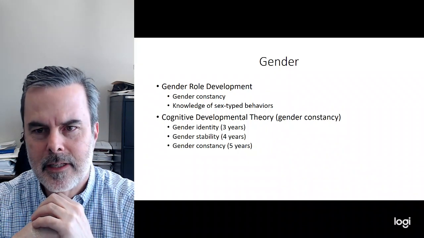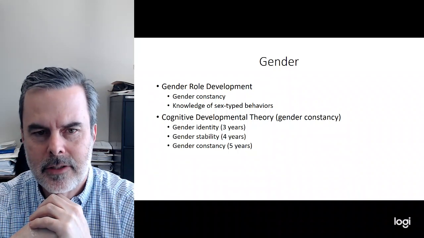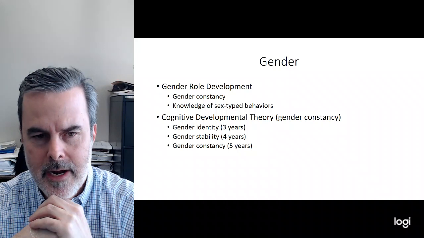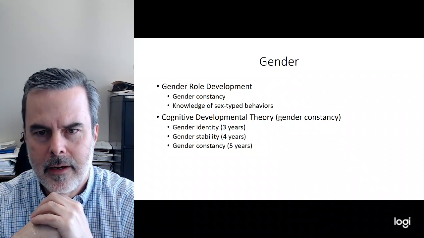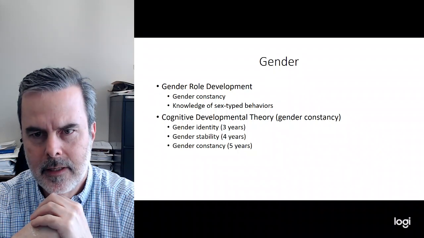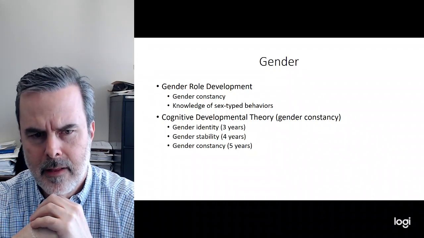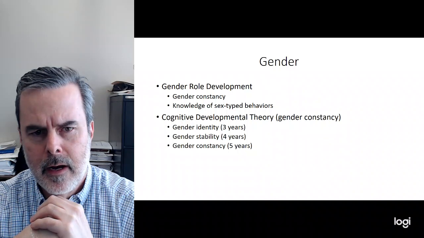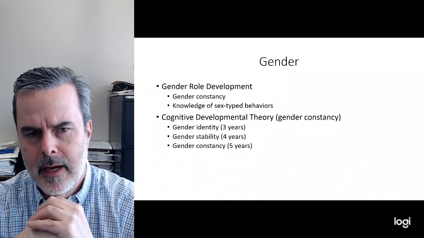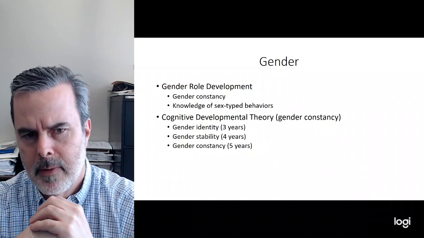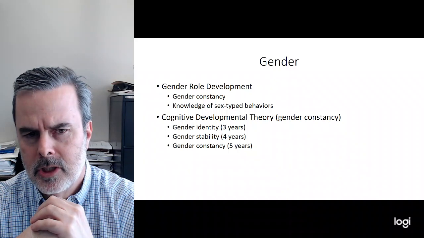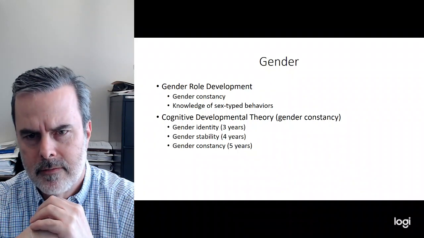This is Dr. Thomas Coyle, and in this lecture, I'm going to be discussing various issues related to gender, focusing on aspects of gender role development, which is the development of understanding gender and understanding, as I'll mention in a moment, that sex, biological sex, is a stable attribute that doesn't change over the course of development.